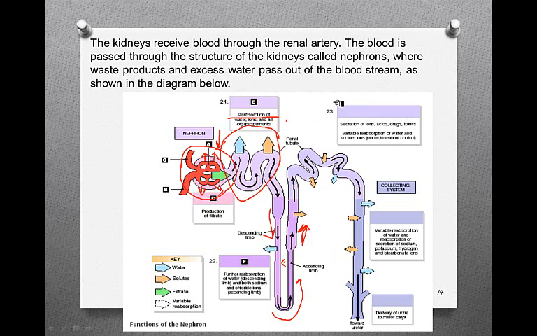So this portion here is isotonic. Its osmolarity is equal to the plasma. But then as we get up here, it becomes more and more hypotonic. And we'll show in the next slide why.